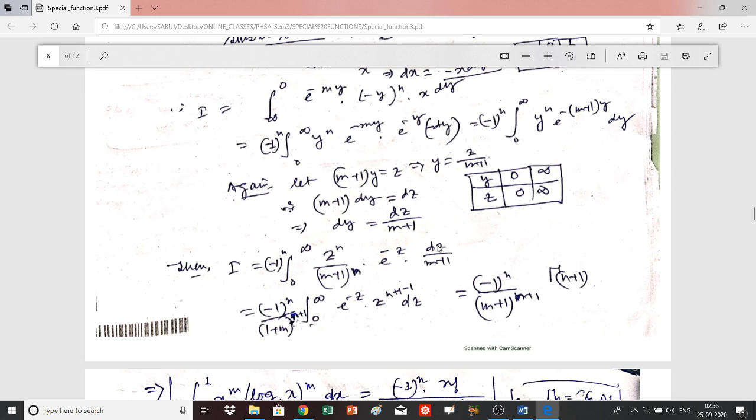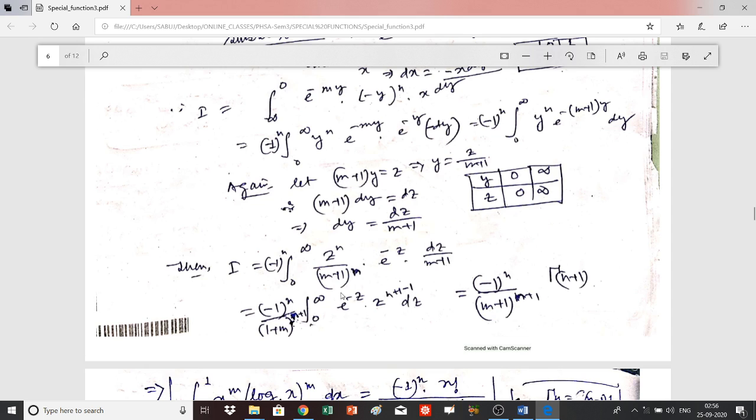After simplification, this is minus 1 to the power n, then m plus 1 to the power n and another m plus 1 to the power 1. So that will give you minus 1 to the power n, then 1 by m plus 1 to the power n plus 1, 0 to infinity, e to the power minus z, z to the power, you can write this as n plus 1 minus 1, and then dz.